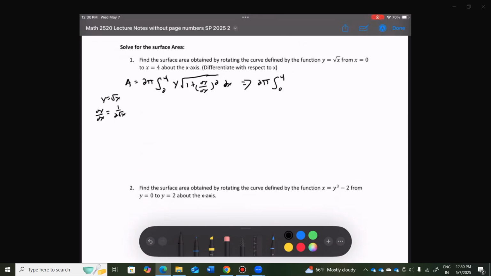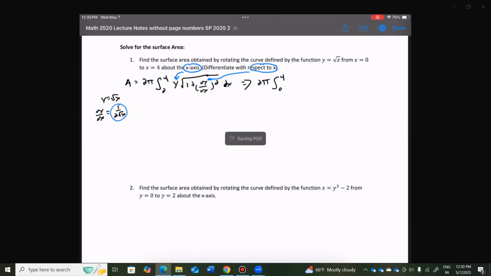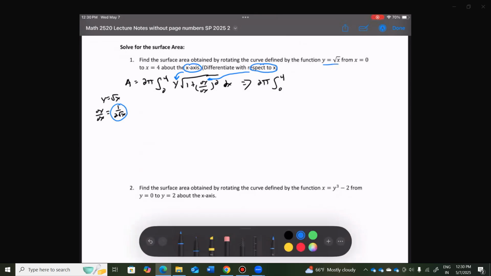Let me be clear, the fact that we're going with the x-axis means I start with that y. I can't just start with an x. The fact that we're doing it with respect to x means I have to do dy over dx. The dy over dx means I have it in terms of x, so I need to change that y to in terms of x. So I can use y equals square root of x because I know that is true.